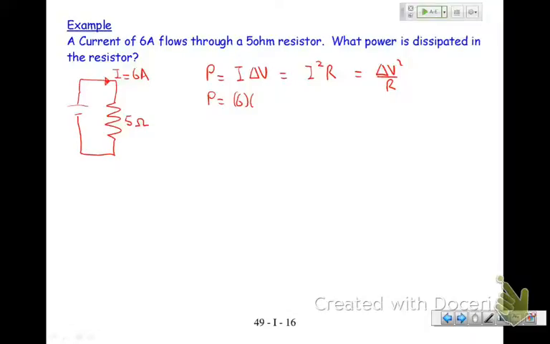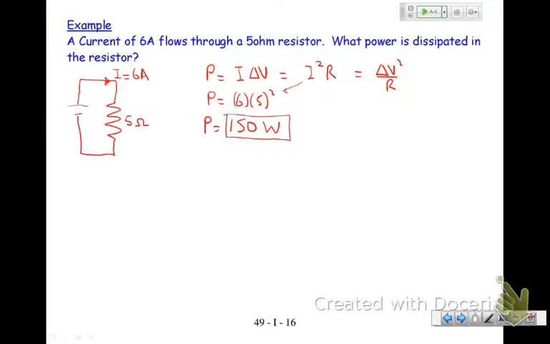So this will be 6 times 5 squared. So P is equal to 25 times 6, 150. And what will the units be for power? Watts, good old watts.